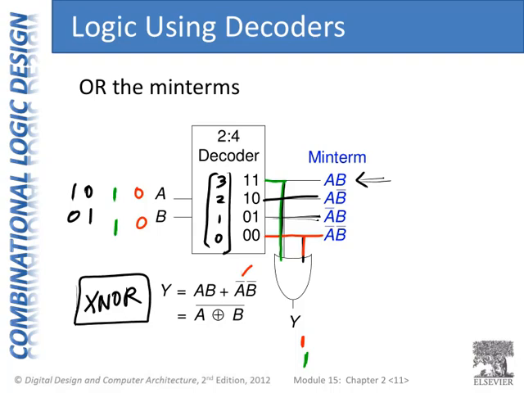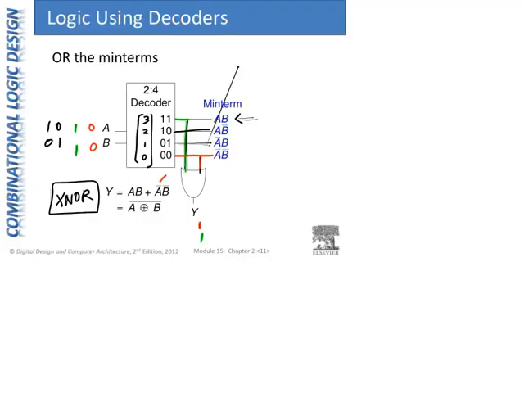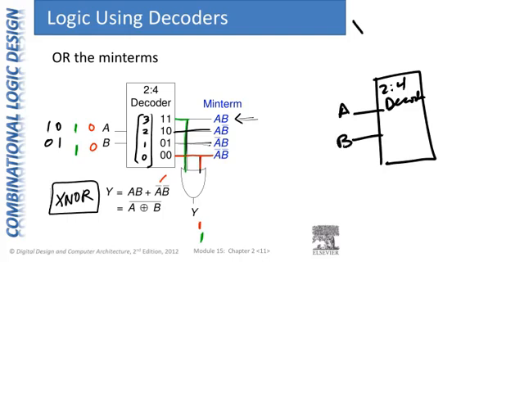So let's do another example. Let's say we have a 2 to 4 decoder. We'll put A and B on the inputs, and we want to do XOR.